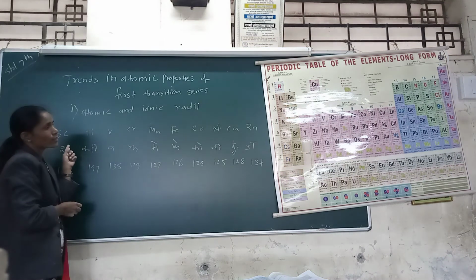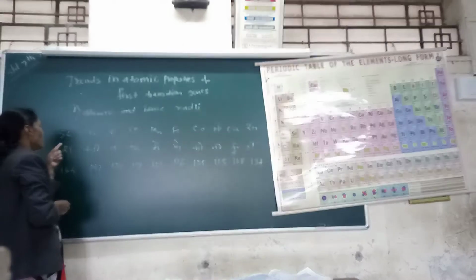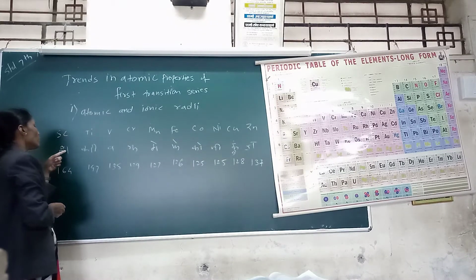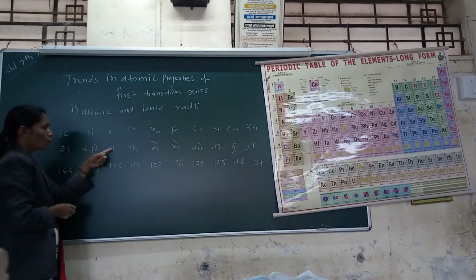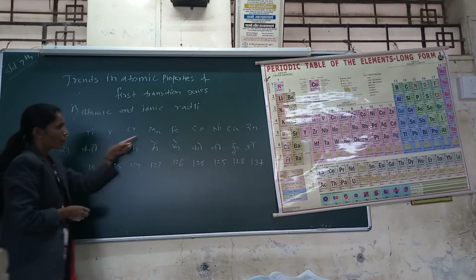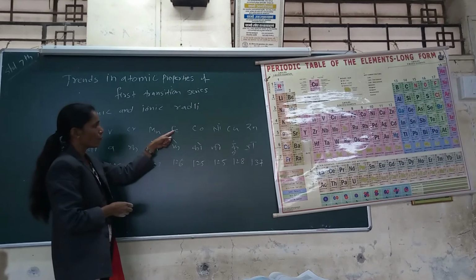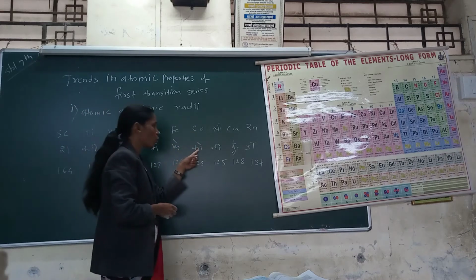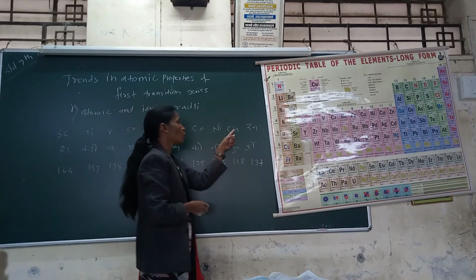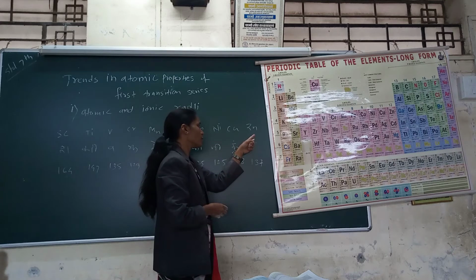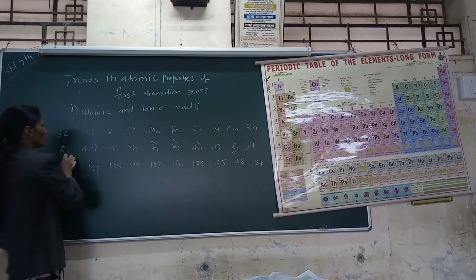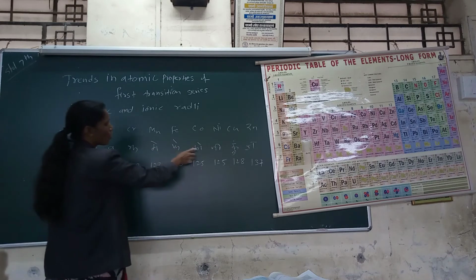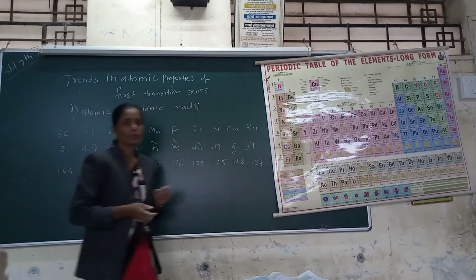The sequence is scandium, titanium, vanadium, chromium, manganese, iron, cobalt, nickel, copper, zinc.